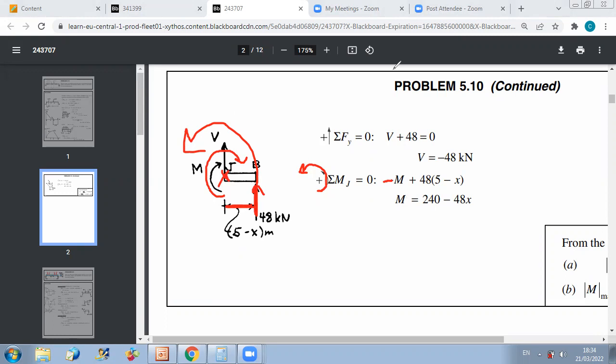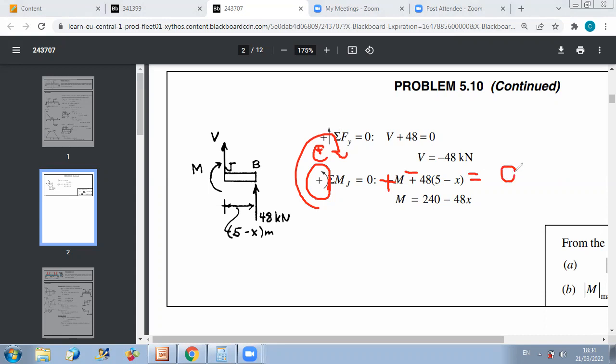And please keep in mind here, it doesn't matter what is the convention you choose. You can say I will consider the clockwise as positive. All what will change is here that you say then I have plus M and minus 48 times 5 minus x equals to 0. So the selection of positive direction for your equation will not affect your result, okay?